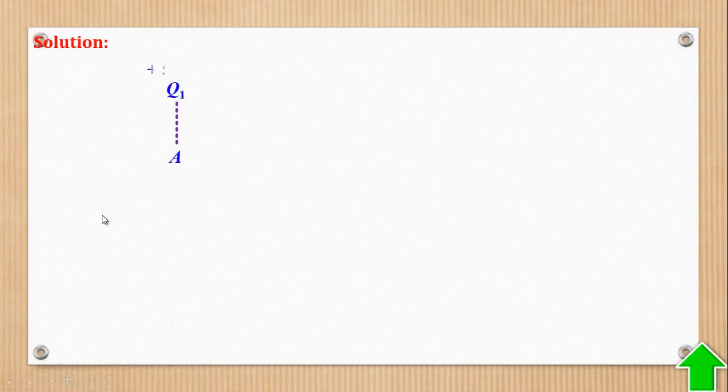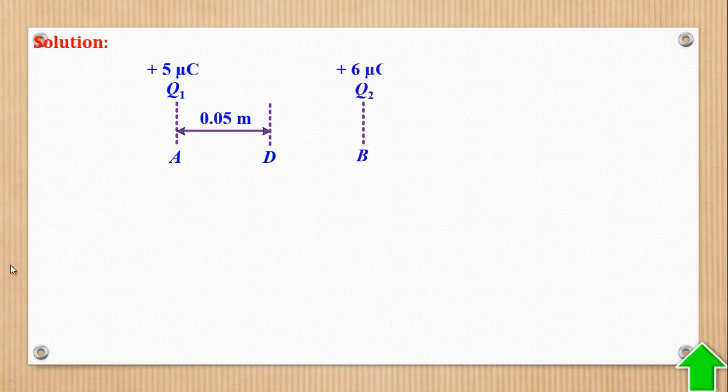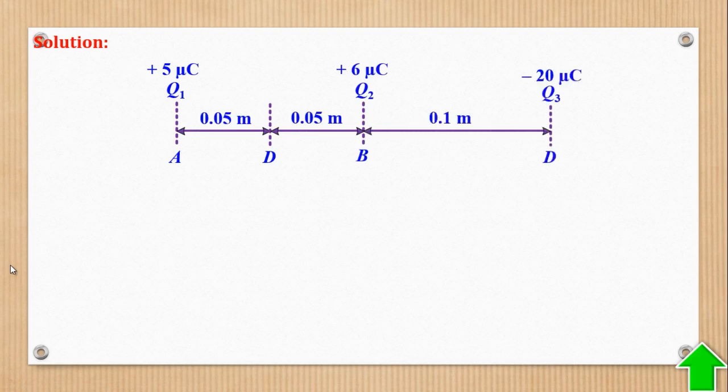So we shall try to redraw the diagram because they have given us a certain position which was not initially in the diagram. Okay, now we are converting from centimeters to meters. That's why you are seeing here, instead of writing 5 centimeters, we are writing 0.05 meters. Even here instead of 10 centimeters, we are writing 0.1 meter.